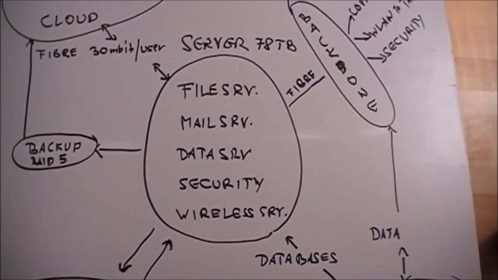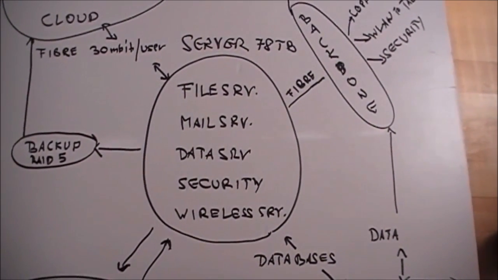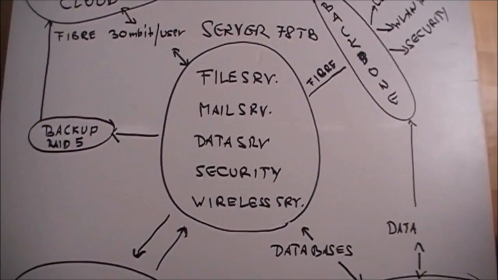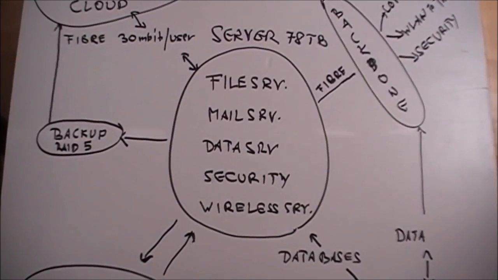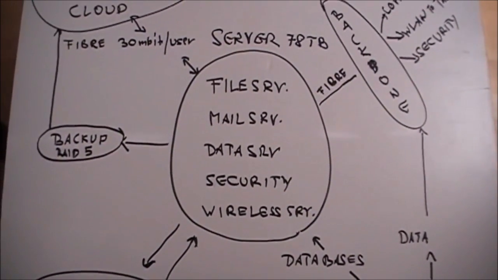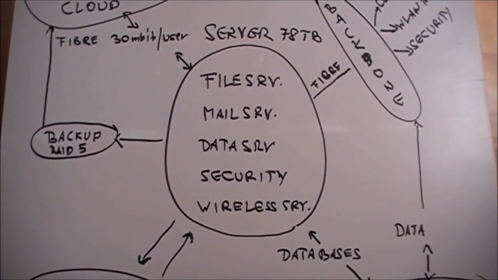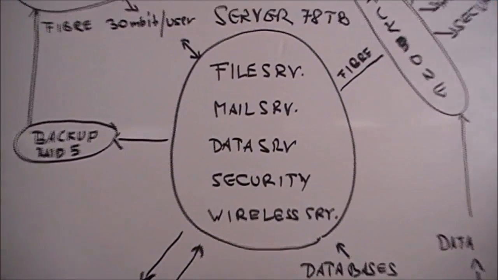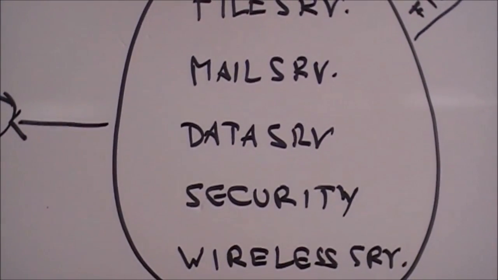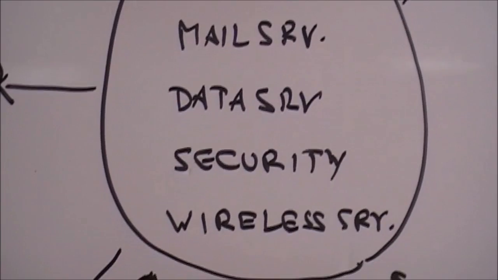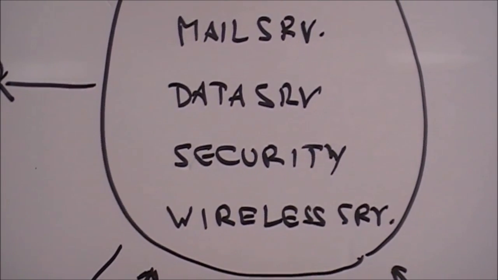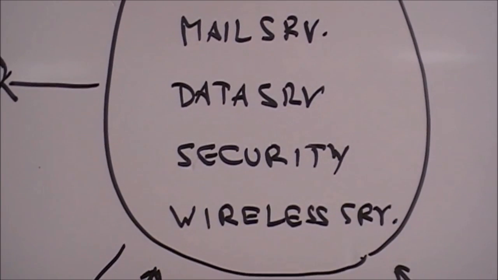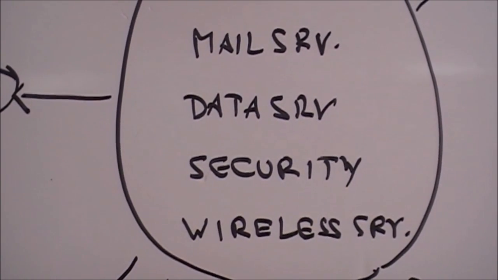So let's talk now about the details of my network. In the center, as you can see in this chart, my servers containing an IBM system are split up into file service, mail service, data service, security, and wireless service. An extra service we are supporting is the telephone service, but this is not part of our tutorial.